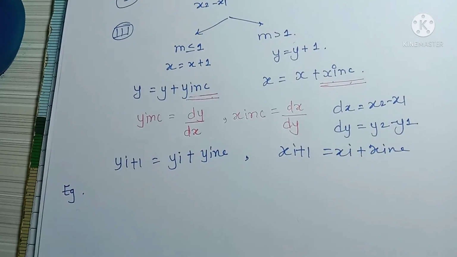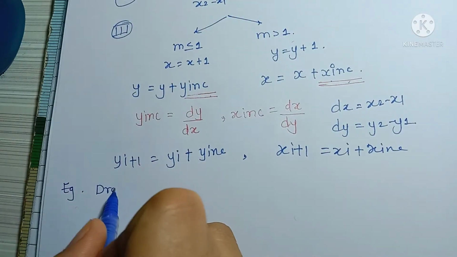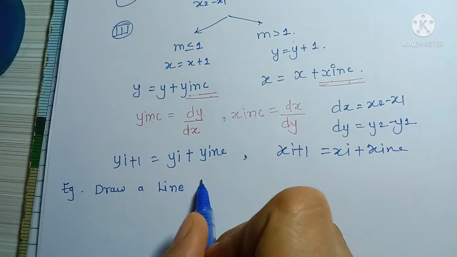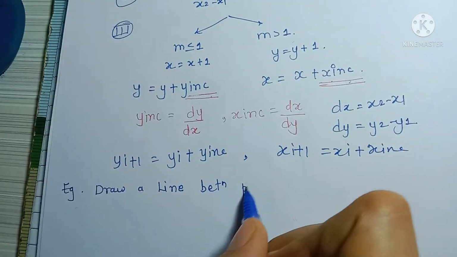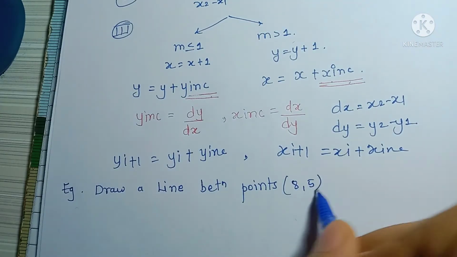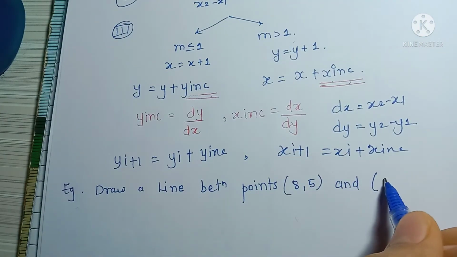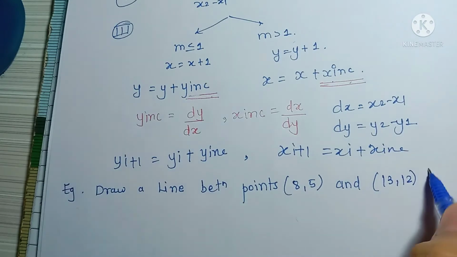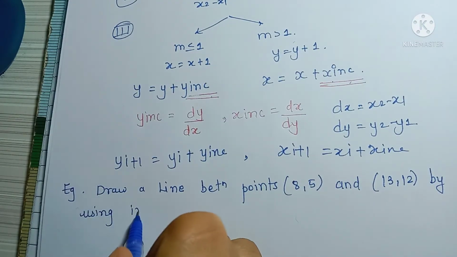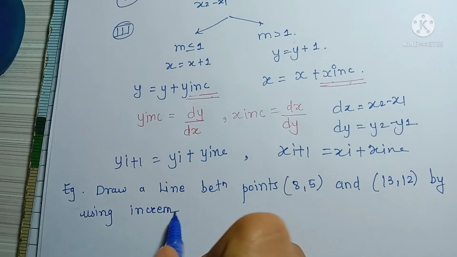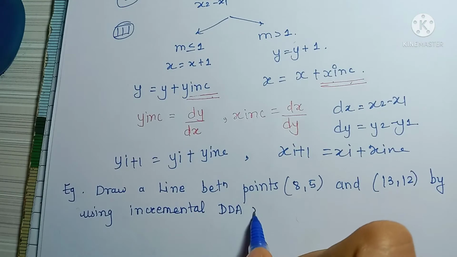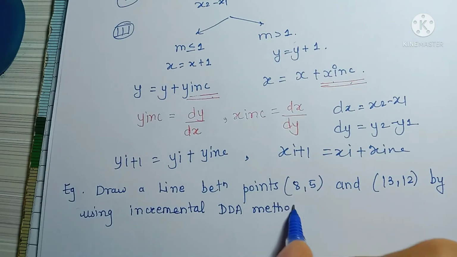Let's see it by an example. Solve the example with me. Draw a line between the points 8, 5 and 13, 12 by using the incremental DDA method.